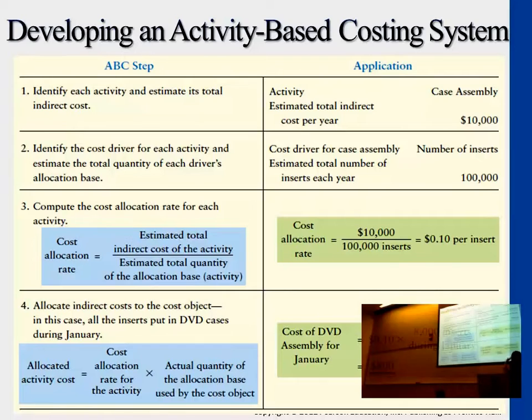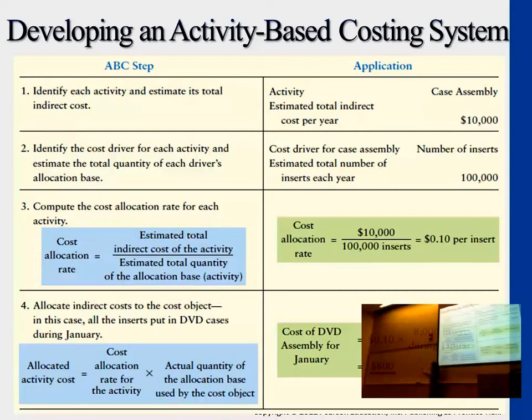If you just look at the left-hand side of the table, we see the ABC steps, there are 4 of them. First step, we identify the different activities, and after identifying activities, you estimate the total cost incurred for these different activities. Second step, we find a driver, meaning the main factor that triggers the cost accumulation for different types of activities.